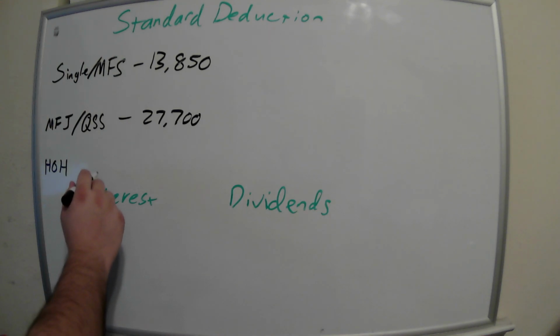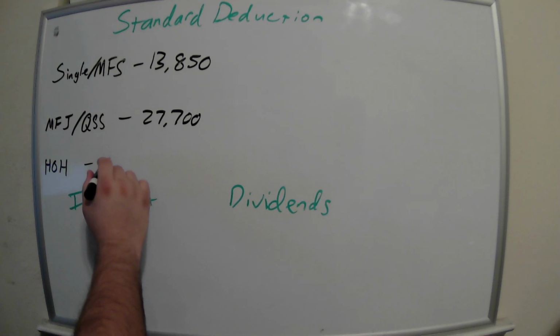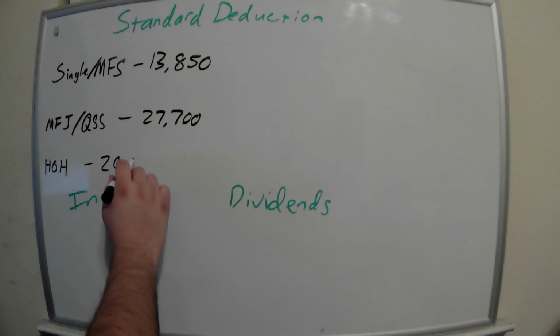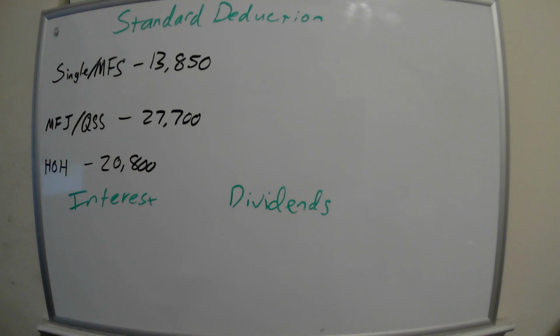Head of household gets a slightly higher deduction than a single person, but not quite as much as a married filing jointly couple. So a head of household will pay a little bit less in tax, because they're going to get that $6,000 or $7,000 of taxable income less than a single filer would.